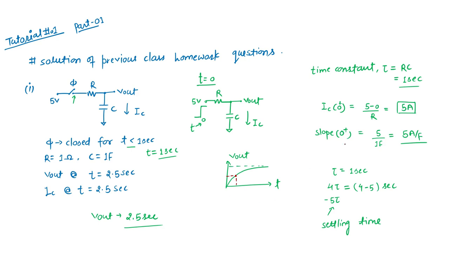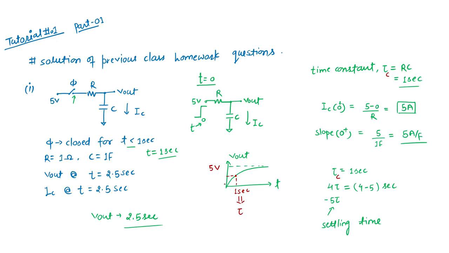First, we have seen this is the tau for charging. That is the time constant for the charging of this capacitor. The capacitor will charge in this way, and if it stays for infinite time, it will reach 5 volt. But actually, it is not happening. At t equal to 1 second it is opening, so it is nothing but one tau only.